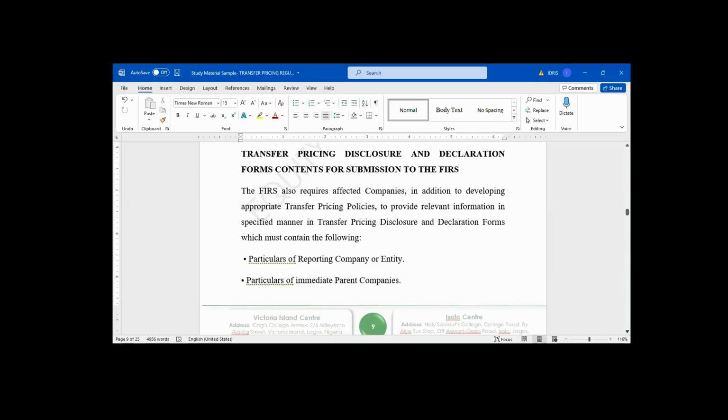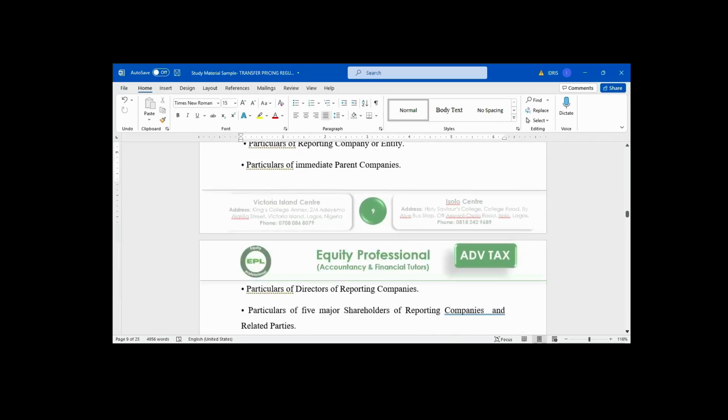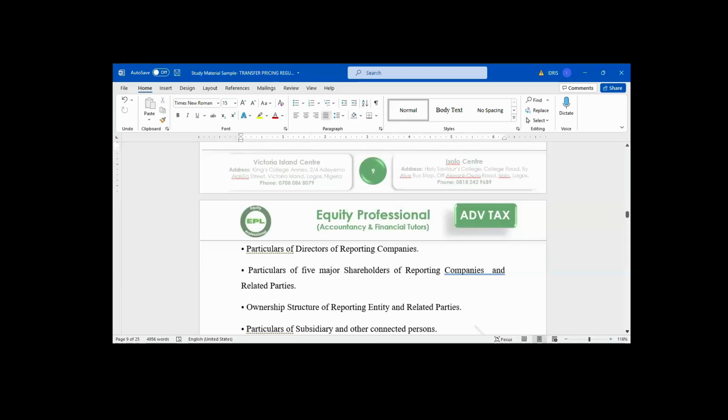That means the content of the transfer pricing disclosure and declaration form. Particulars of reporting company or entity. Particulars of immediate parent companies. We have another one: particulars of directors of reporting entities.